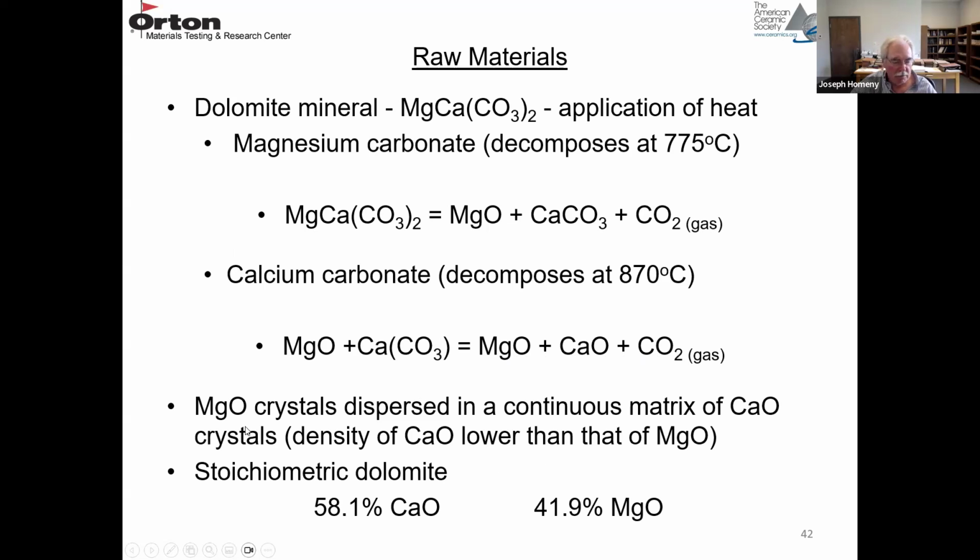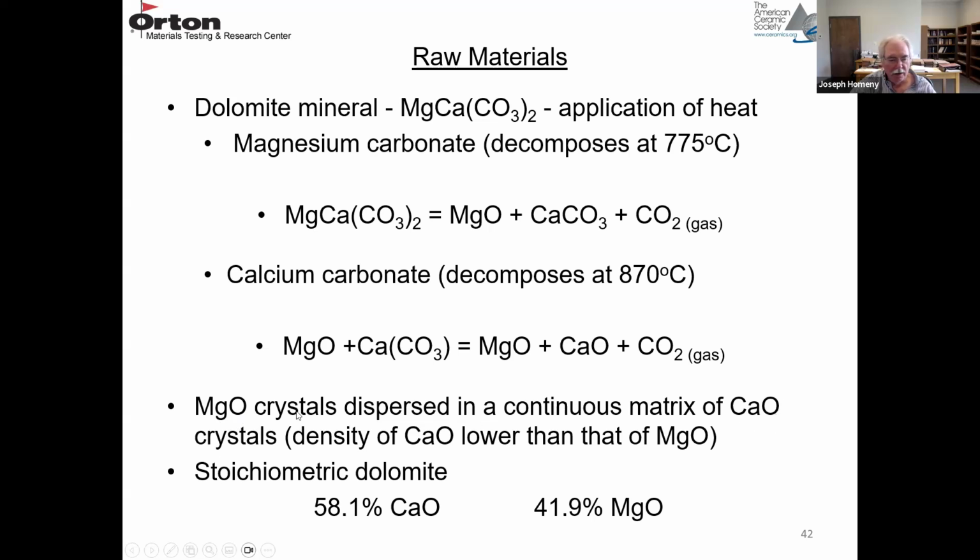So the final microstructure consists of MgO crystals dispersed in a matrix of CaO crystals. And the density of CaO is lower than that of MgO, so it's going to occupy a higher volume. This is not the greatest microstructure because MgO is isolated in a continuous matrix of CaO, and the hydration issue deals with the hydration of CaO.